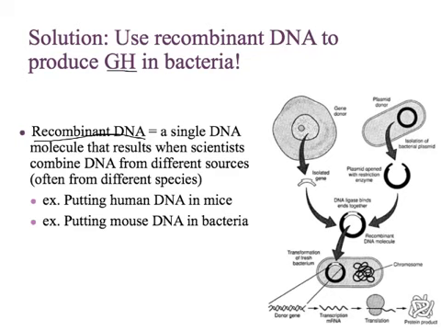A recombinant DNA is a single DNA molecule that results when scientists combine DNA from different sources. Here we were taking the human growth hormone gene and combining it with bacterial DNA, so that was an example of a recombinant DNA molecule. Some other really common examples are putting human DNA into mice or putting mouse DNA into bacteria. These are all examples of recombinant DNA technology.